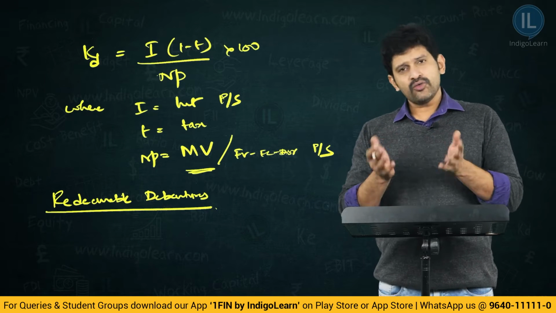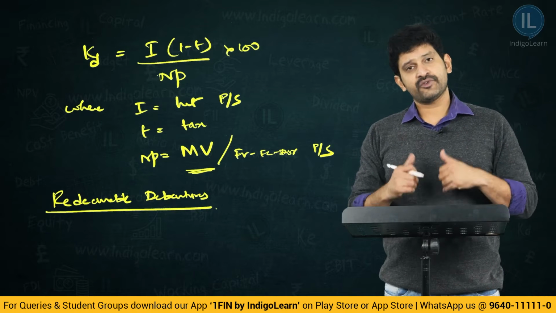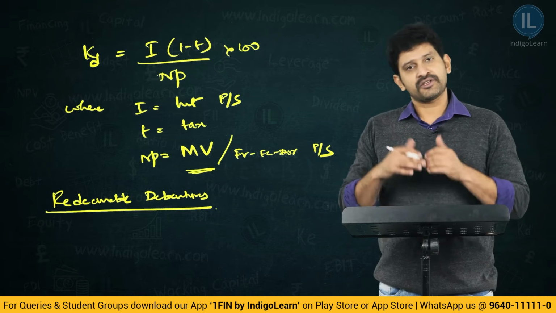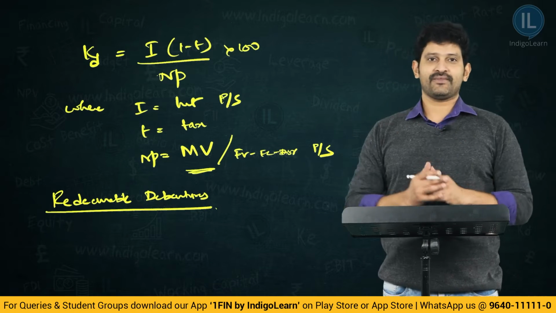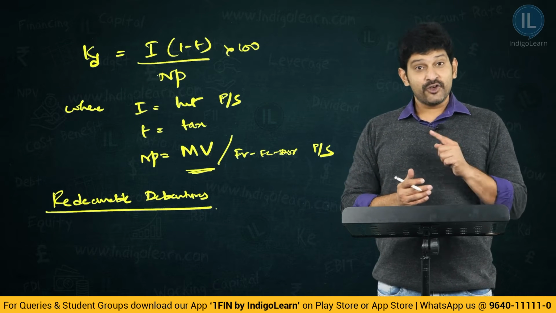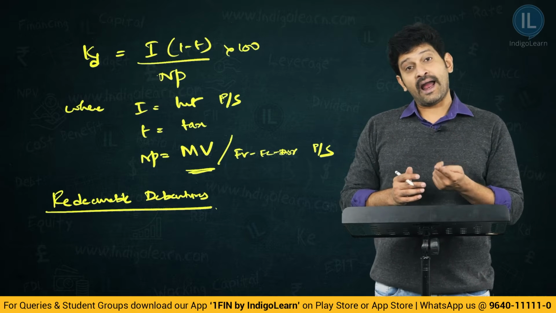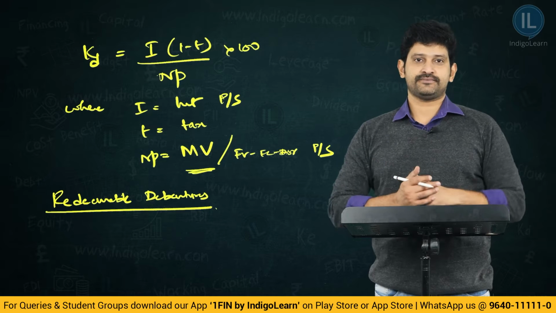Now say for example, there is no flotation cost, there is no discount, whatever is the face value you have issued for, you are also redeeming for the same value, then absolutely no issues in the story. The formula will remain the same. But life is not that easy. There will be complications. When you are issuing, the investors will be attracted only when you issue at a discount.